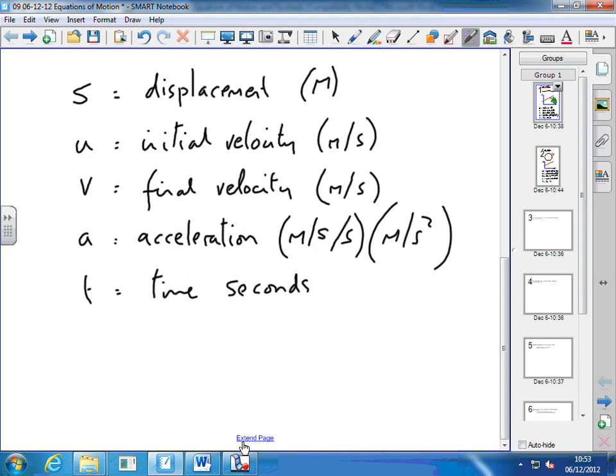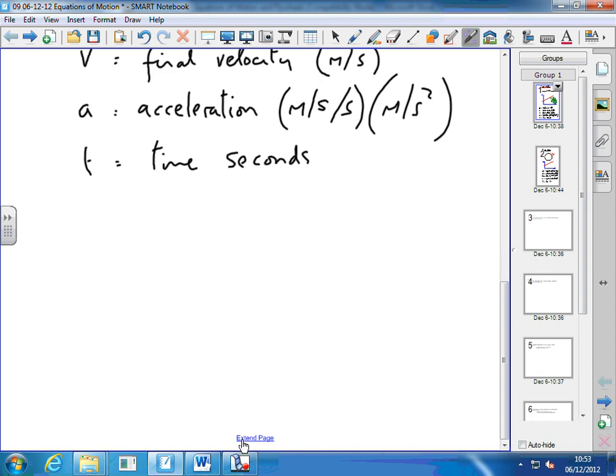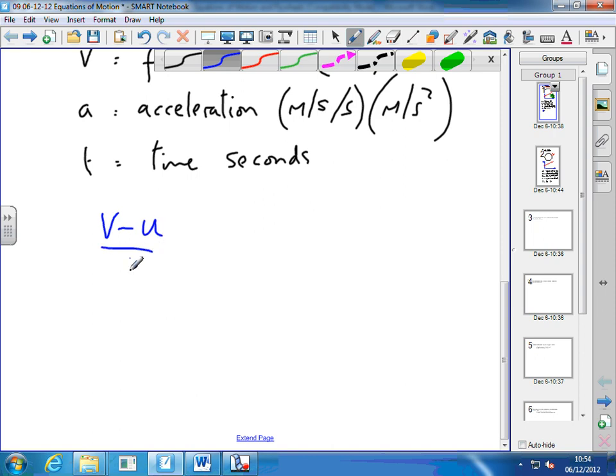And then we have some formulae that we can write down that are associated with these quantities. The first formula is the final velocity minus the initial velocity divided by the time, which is actually what you do to find the gradient of that line: v minus u over t equals the acceleration.